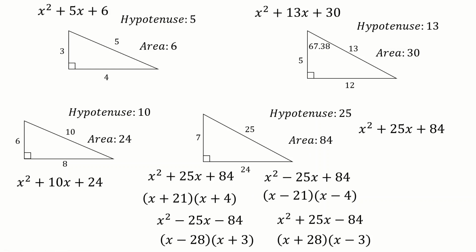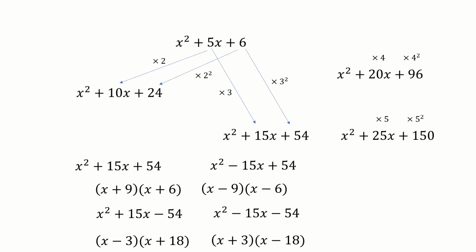But then you remember that system we found earlier about timesing this by 2, timesing this by 2 squared. And some of you might have proved this in your own time in between pausing the video. But you realize, well, hang on, 3 squared, 2 squared. Where in maths do you times something by something, but then times it by something squared another time? You do that in scale factors, right?